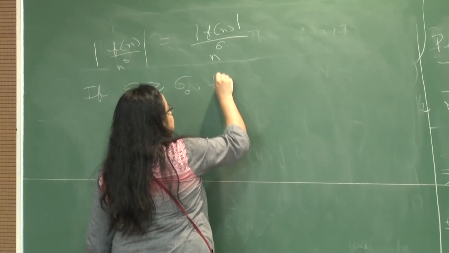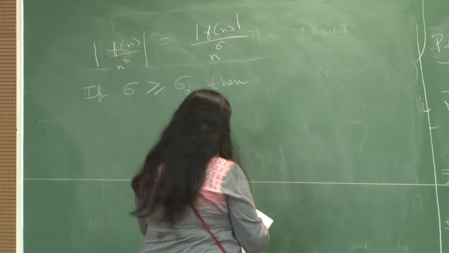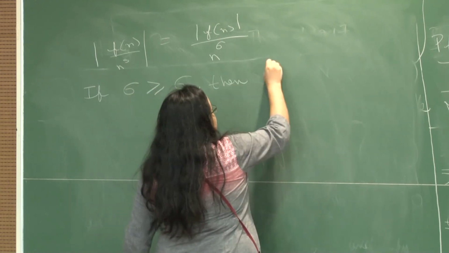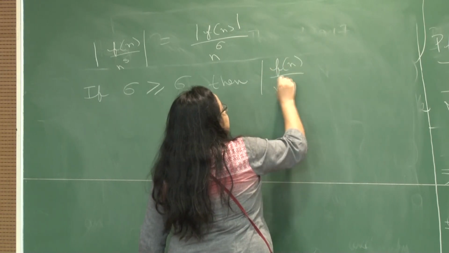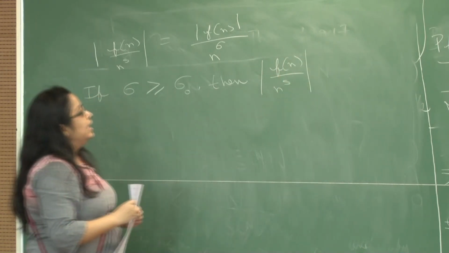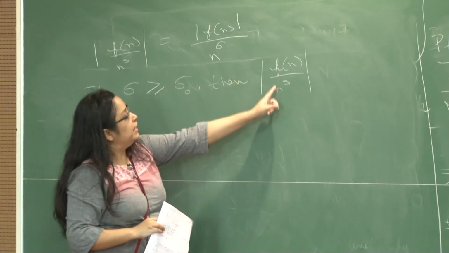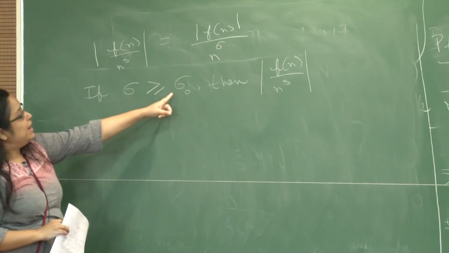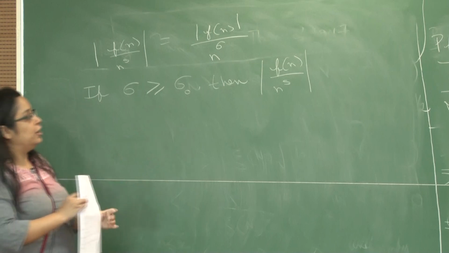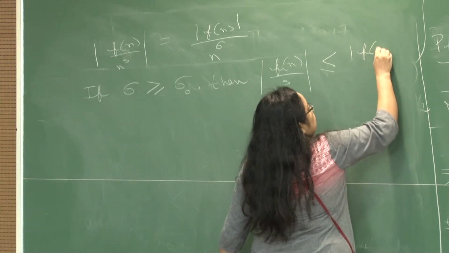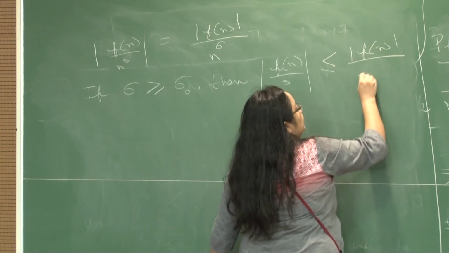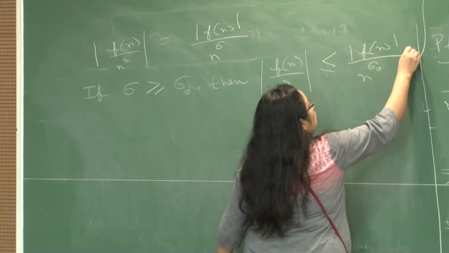It tells you that the absolute value of f of n over n to the s is just the absolute value of f of n over n to the sigma, but sigma is greater than or equal to sigma naught. So this is less than or equal to the absolute value of f of n over n raised to the sigma naught.